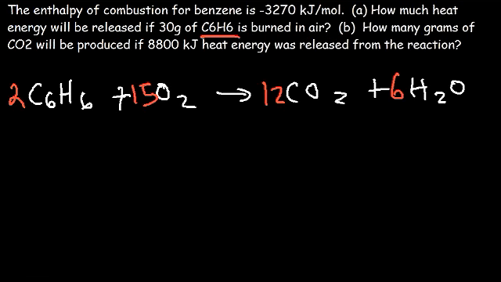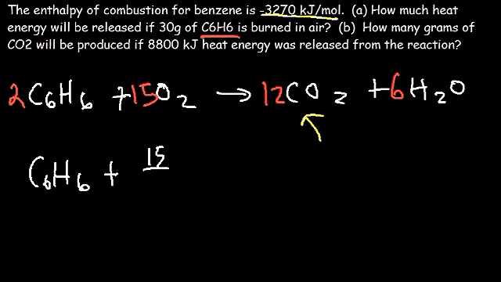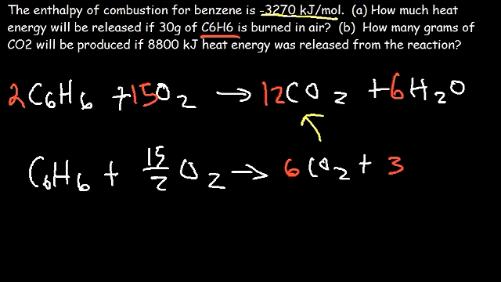By the way, the enthalpy change for benzene, the 3270, doesn't correspond to this reaction. Rather, it corresponds to this reaction. This is the amount of heat energy that's released when 1 mole of benzene is burned in air.